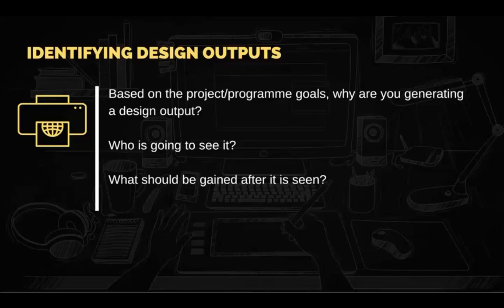Now, much like in television, there are different genres, and it works the same way for design. There can be design for entertainment, design for learning and education, design for behavioral change. So it's important to know what you want your design to do before you start generating that design.